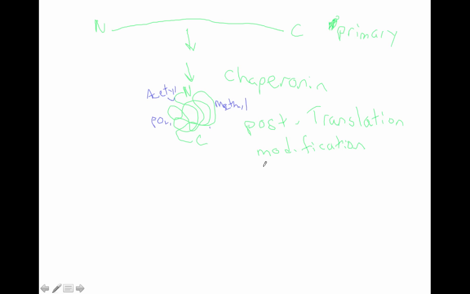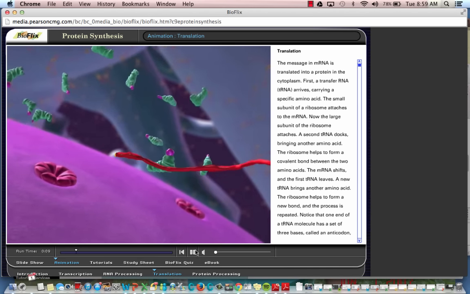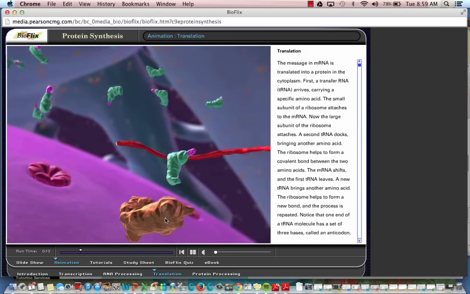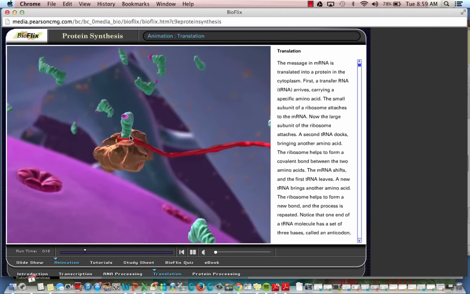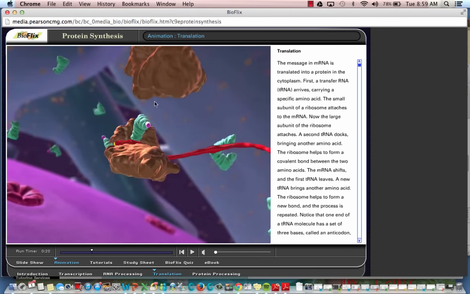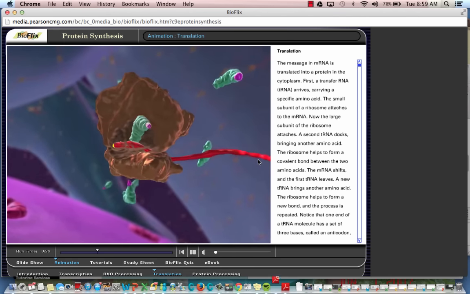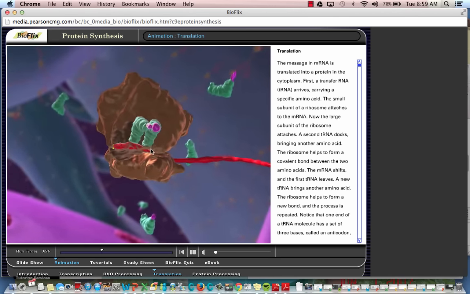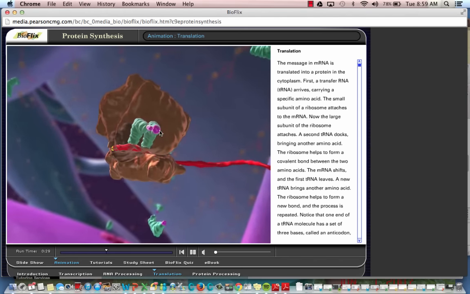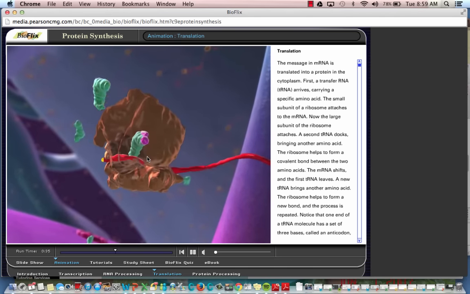Now, before we end here, I want to show you the last part of that Bioflix video that's on Mastering to help tie this all together. So here's our messenger RNA. Here are the tRNAs floating around, and here's our ribosome that's going to bind with the correct initiating tRNA that carries methionine. And the large subunit is now going to fall down on top of it, and now it's ready for elongation. The next amino acid tRNA comes in with its accompanying amino acid. The amino acids are connected to each other. This tRNA is now removed, and this shifts down.